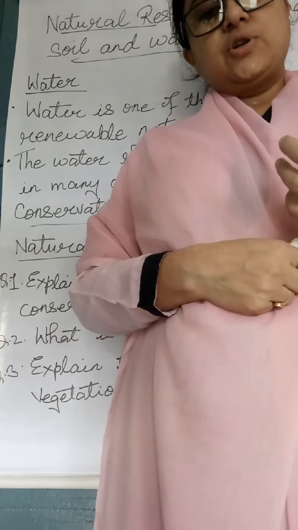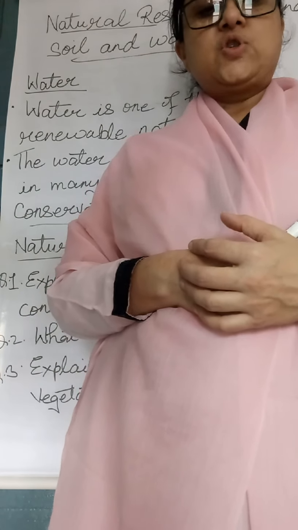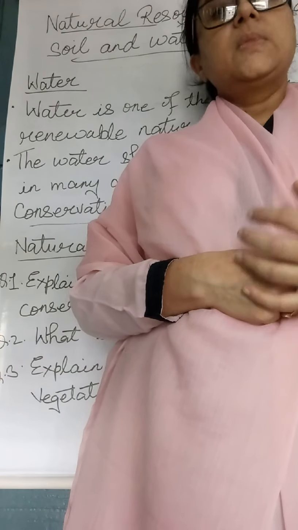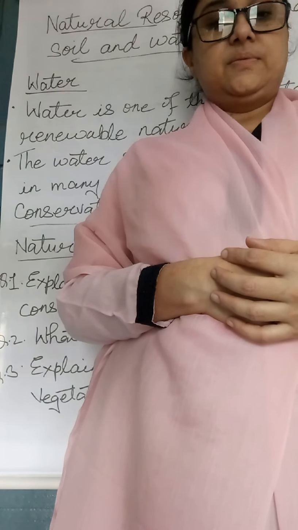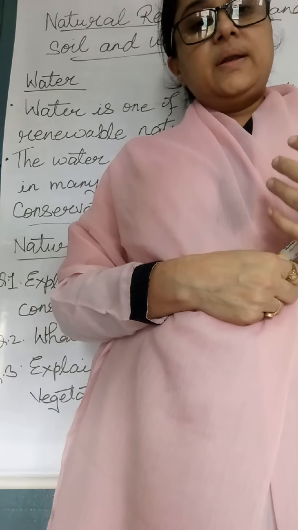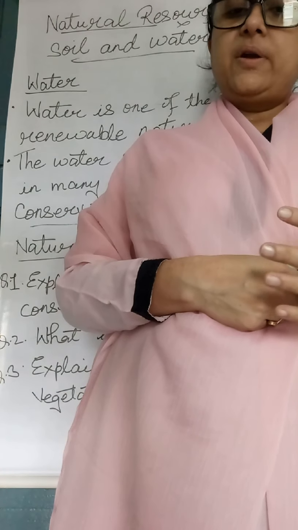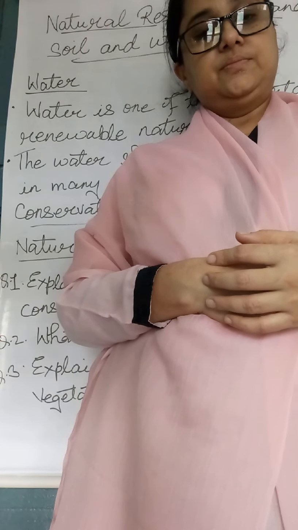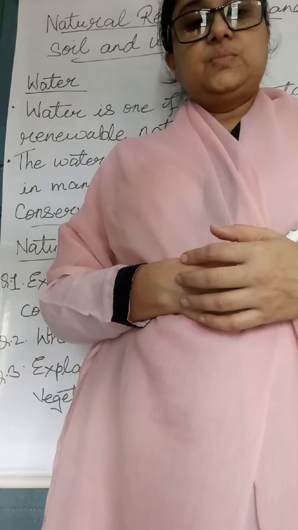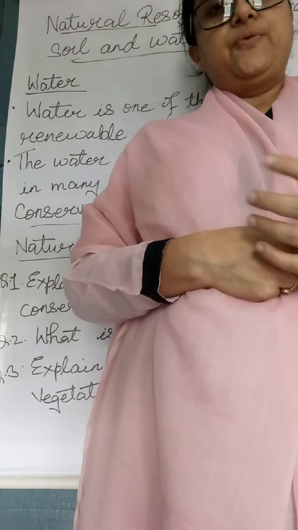The term natural vegetation includes both types of plants, natural as well as modified. Natural vegetation varies from region to region on the earth, depending on the availability of sunlight and rainfall.